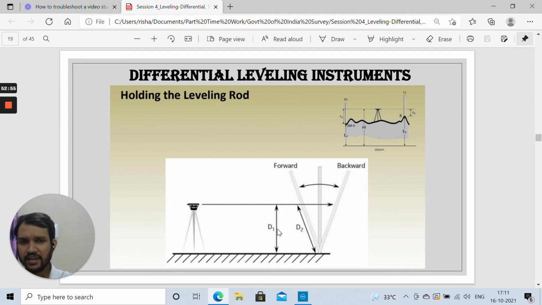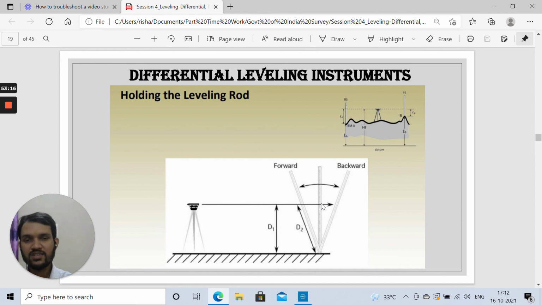Why is it greater than D1? Because if you try to make it a Pythagoras theorem right angle triangle, then this is the hypotenuse of this particular triangle, and D1 is the right angle, meaning the perpendicular length between these two lines of sight. Hypotenuse is always greater than any other side, whether it is base or perpendicular.